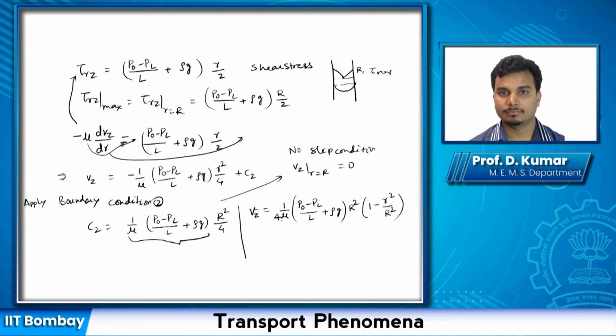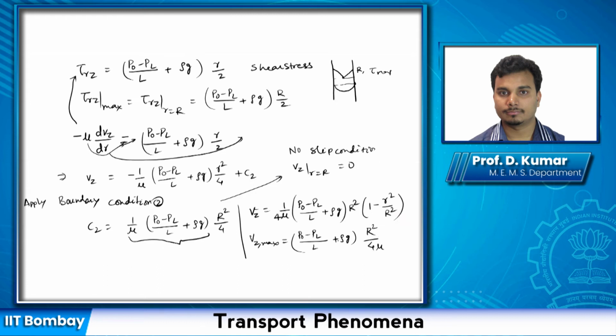So this essentially gives you, you can see that if you put r equals 0, this will be the maximum. So one can find Vz max will be (P naught minus PL) by L plus rho g, times R squared by 4 mu.